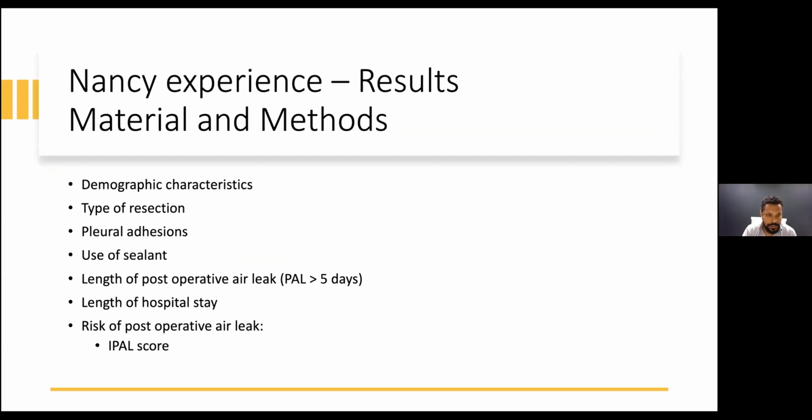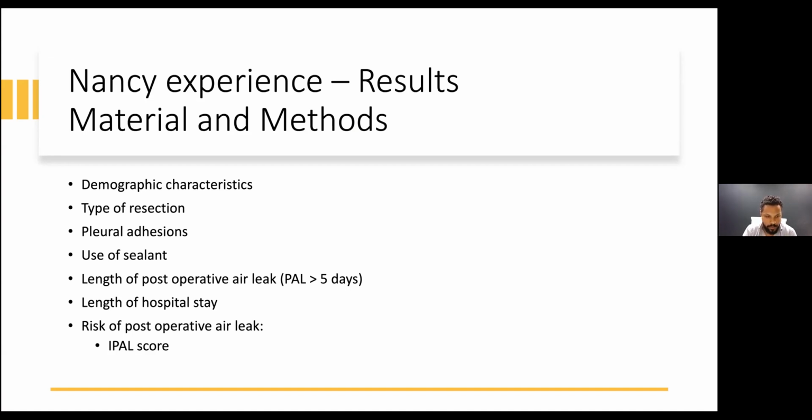Of course, we studied demographic characteristics, the type of resection and its location, the presence or not of pleural adhesions, the use or not of sealants, the length of postoperative air leak, and we defined prolonged air leak as an air leak superior to 5 days, and the length of hospital stay.